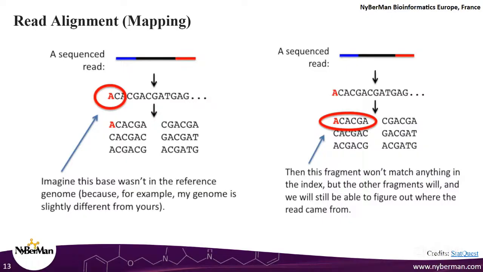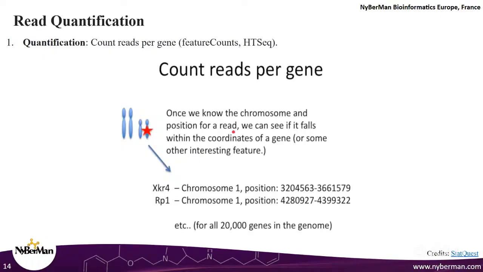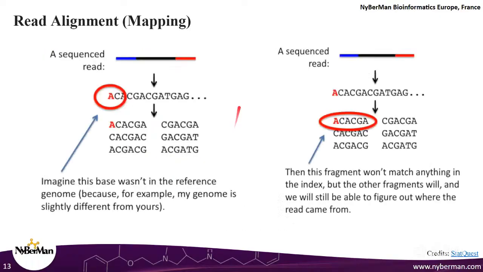But just take my word for it now. You end up with a SAM file, which has the information as to where exactly your read mapped. If you remember, each read, by virtue of its adapter sequence, has a unique identifier value.